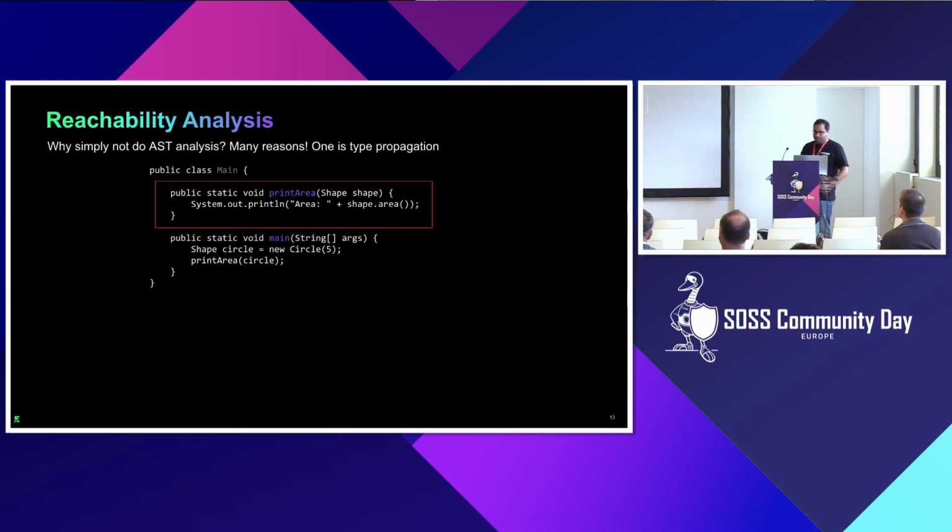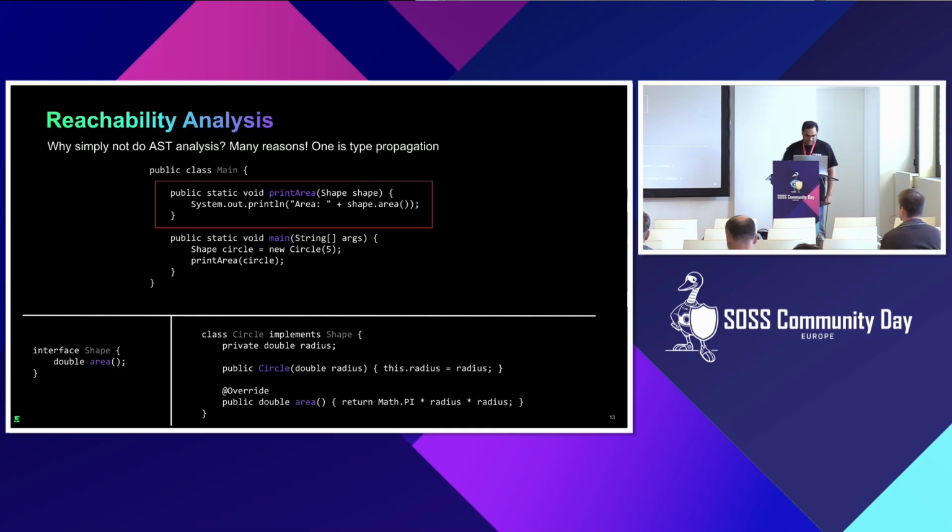Yeah, and also another reason why not to do simple AST analysis. There are quite a few reasons for it. If you look into this very simple code example, we have our main method where we create a new circle, and then we have something called print area, and print area takes as a type shape, and shape is essentially an interface.